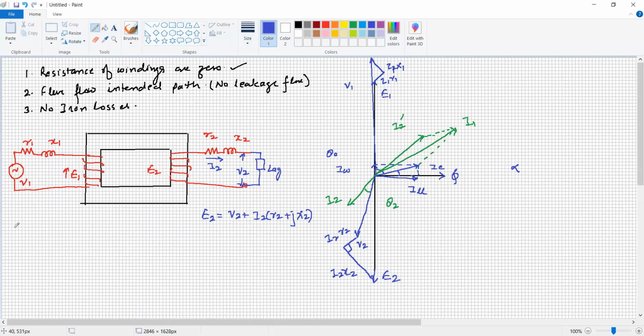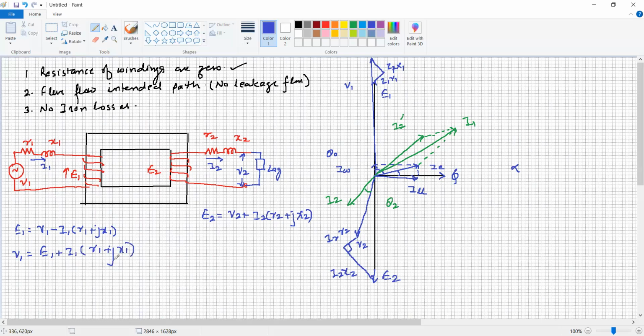We can write E1 is equal to V1 minus I1 into bracket R1 plus j X1, or the supply voltage is greater, with some voltage drop across the resistance and reactance of the primary winding. V1 is equal to E1 plus I1 into bracket R1 plus j X1.